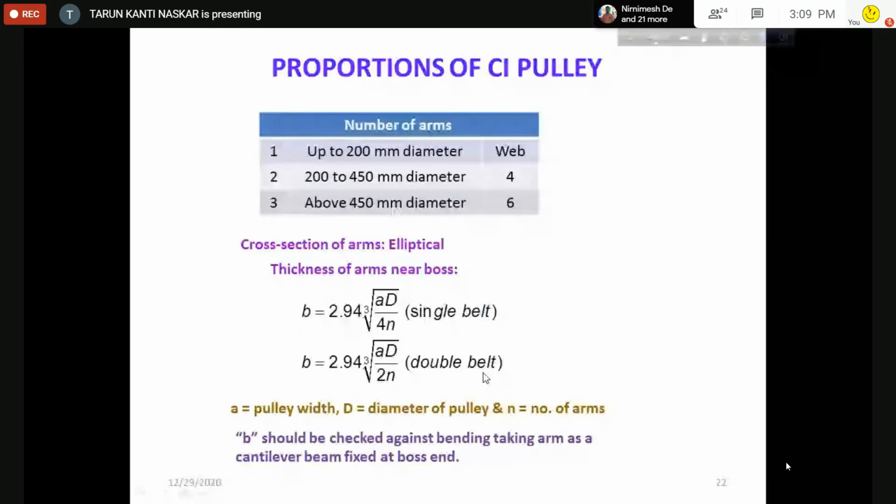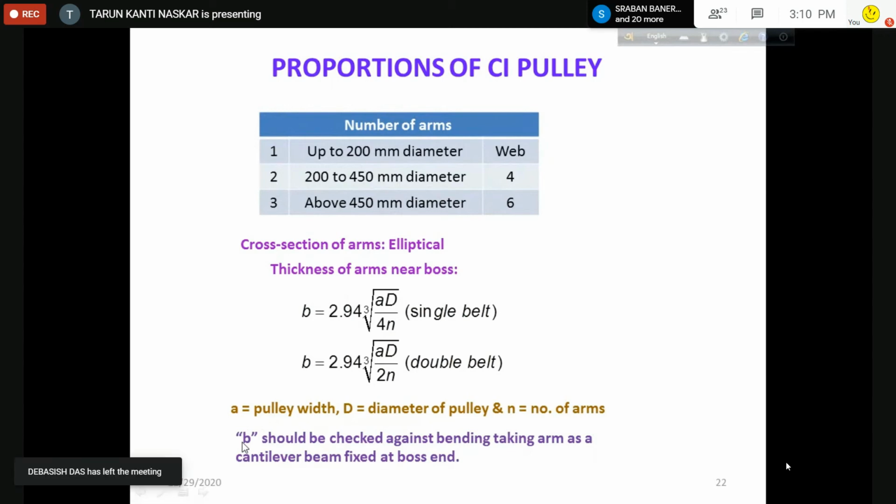Okay, and this B should be checked against bending, taking arm as a cantilever beam fixed at boss end. So you use this B from empirical relation and check whether it is safe or not. Considering the arm as cantilever beam, fixed at the boss end and open at the rim end.